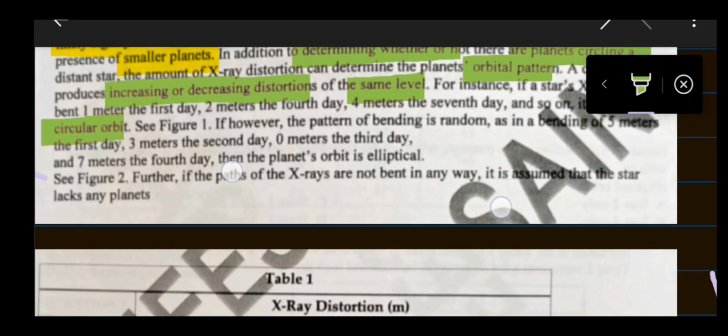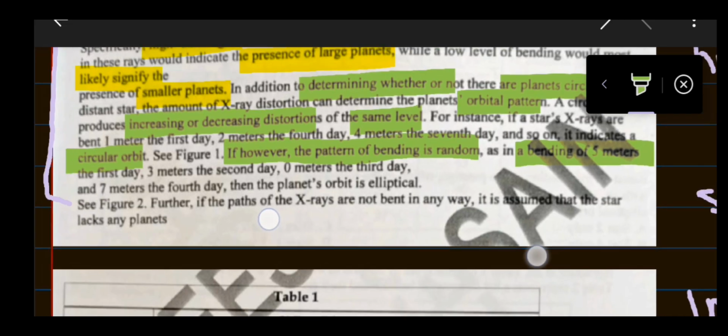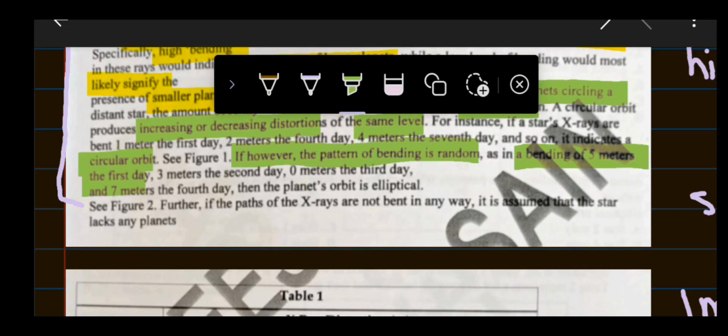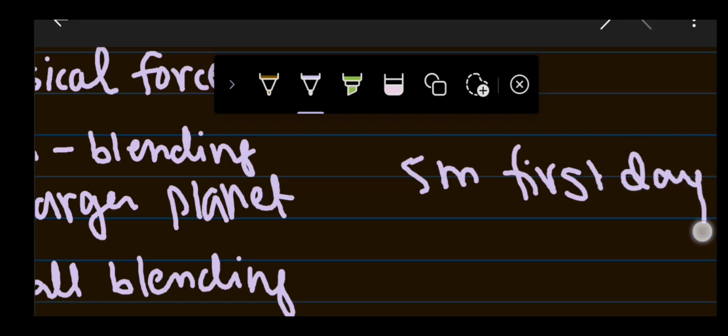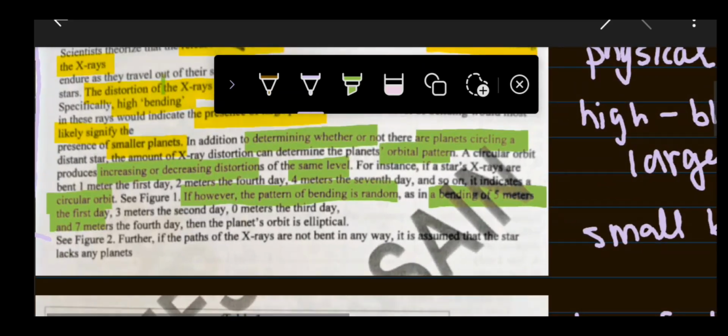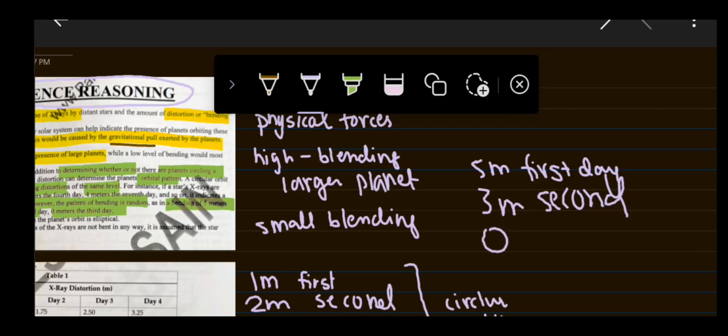if however the pattern of blending is random, as in the blending of 5 meters on the first day, then 3 meters on the second day and 0 meters on the third day.